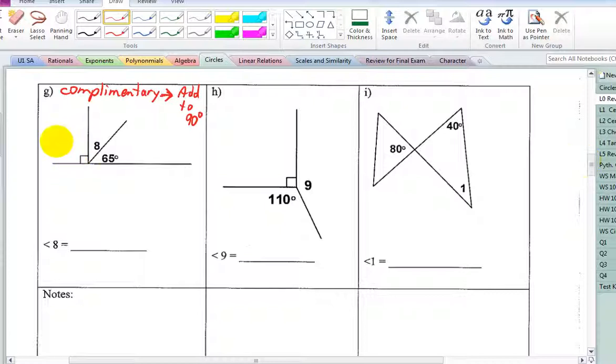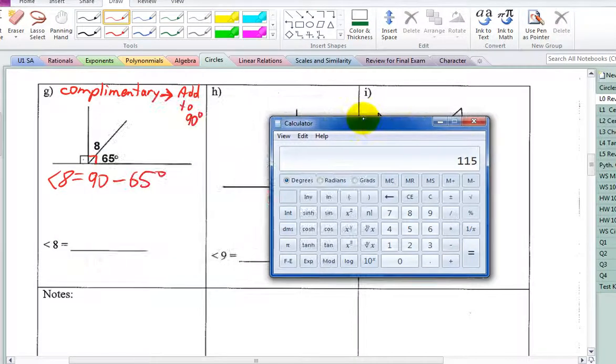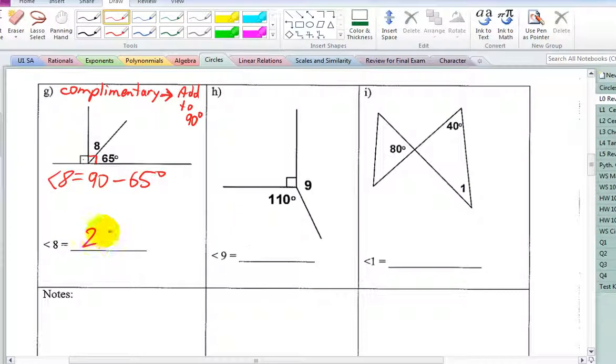So if these two lines are 90, that means over here it's 90 degrees as well. So angle 8 equals the grand total of 90 minus 65 degrees. So again, if they add to 90, then you can subtract from 90. And this one I'm not good at subtracting, so 25 degrees.